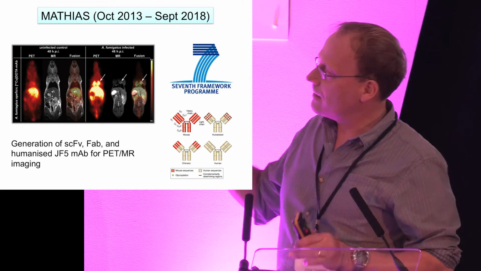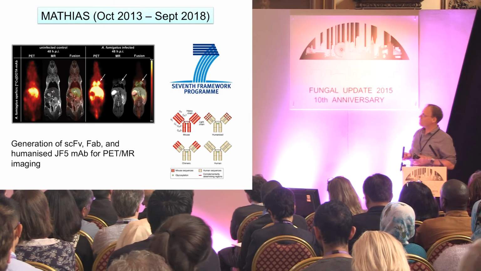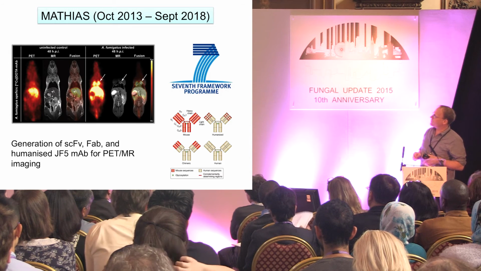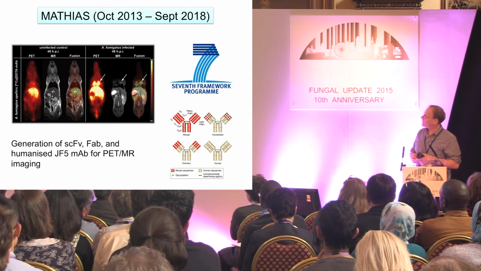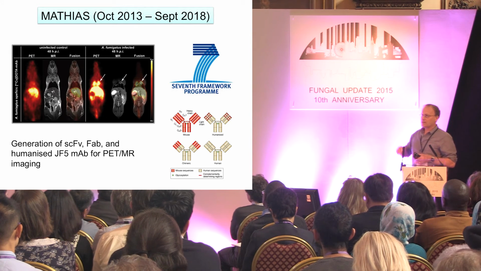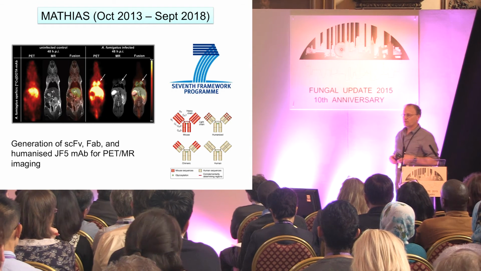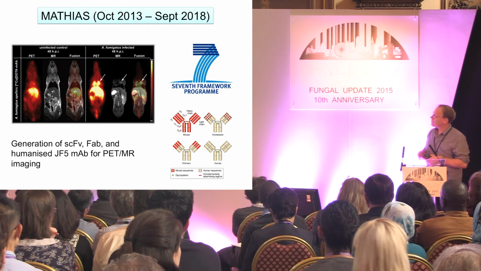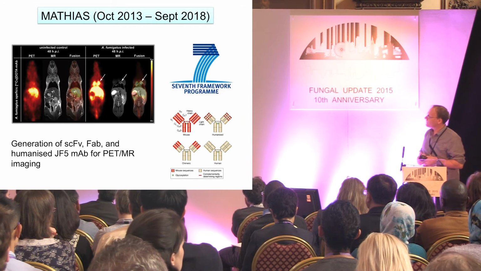But luckily, a German company has just stepped in and said that they will match the 500,000 we got through the European consortium, which is fantastic. They're not going to give us the money, they're going to do the work for us free of charge, which is absolutely fantastic. So we will actually get to the human clinical trial stage in year 5 of the project.